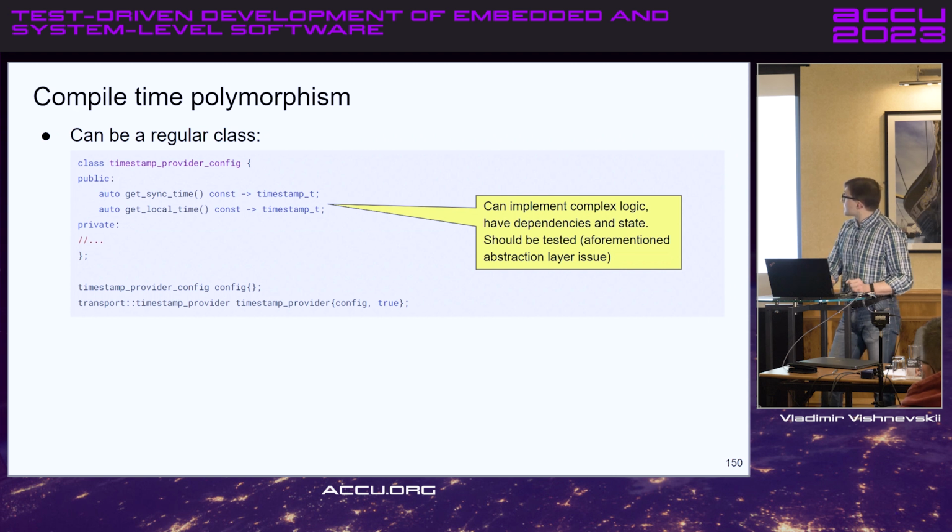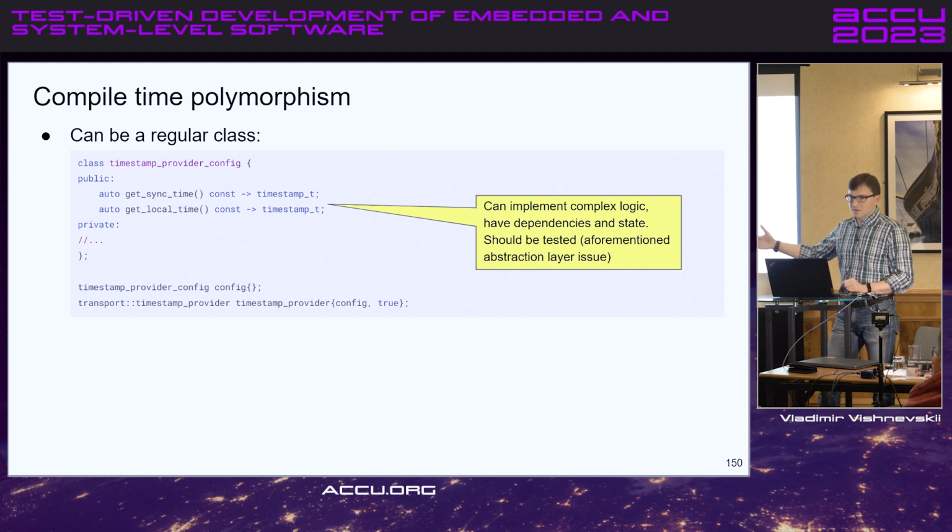Going back to this, our configuration that we are injecting can also be complex. That means that if we have something complex there, we again need to consider testability of this particular piece of code. We can inject something that provides some API to our logic, but this logic might still be complex.